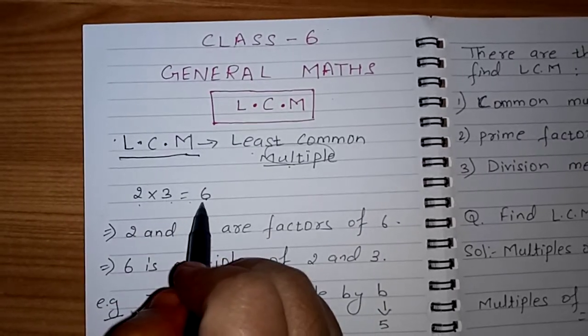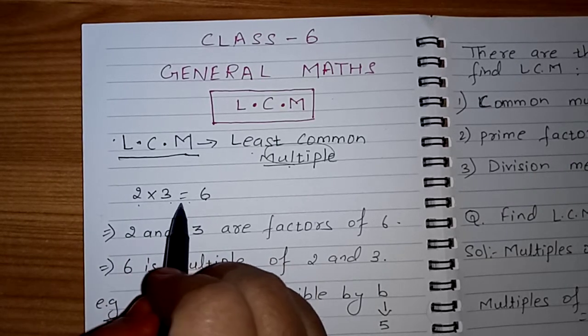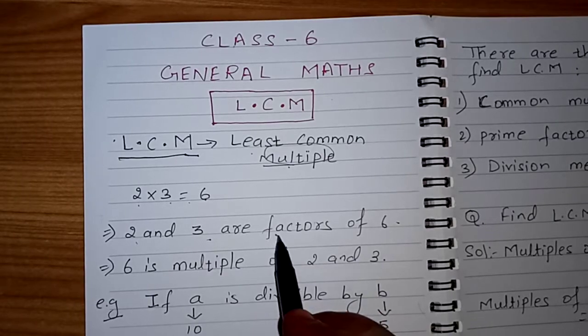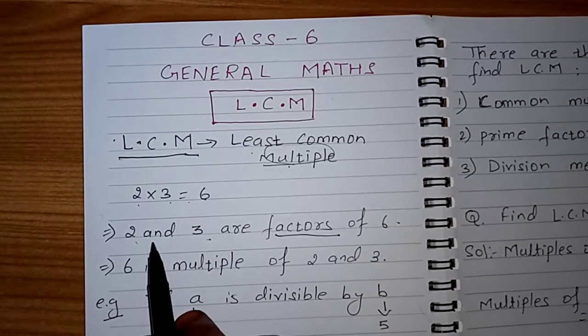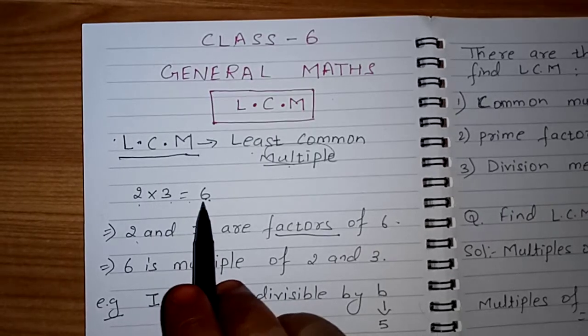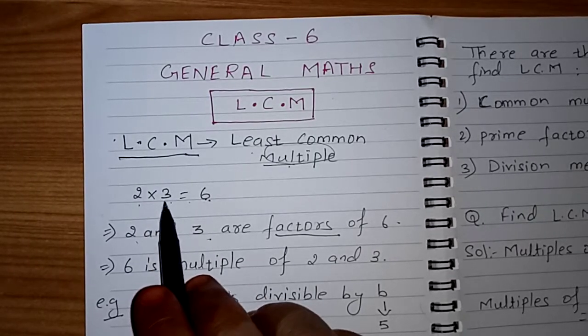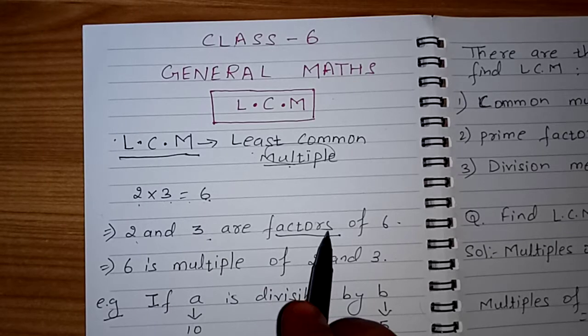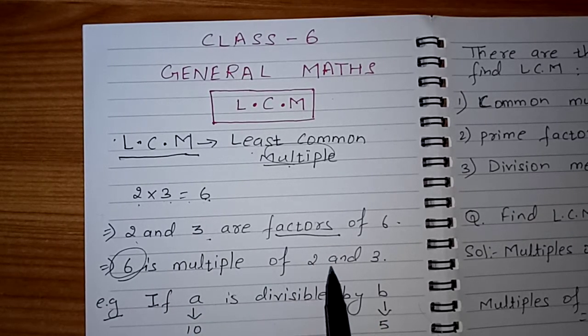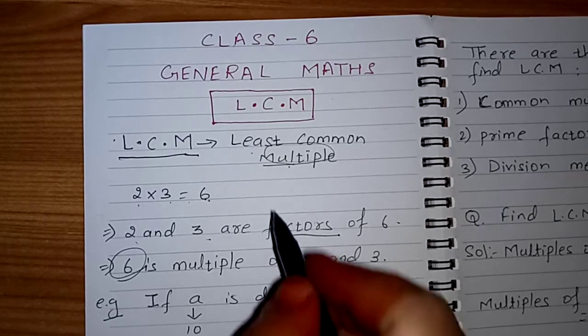The product of 2 and 3 is 6, so 2 and 3 are factors of 6, whereas 6 is a multiple of 2 and 3.